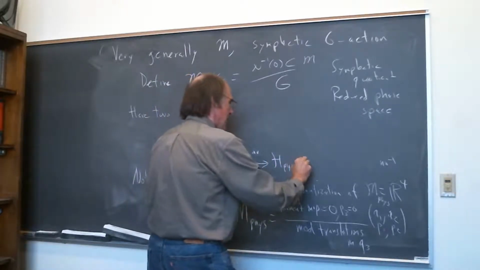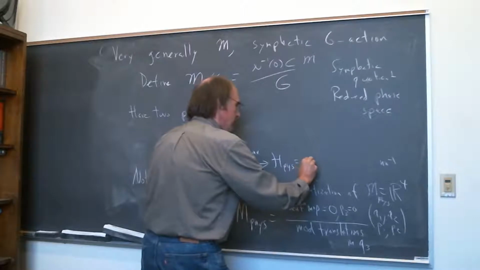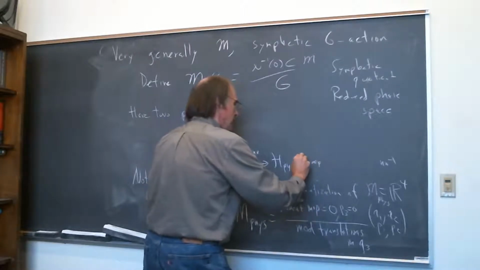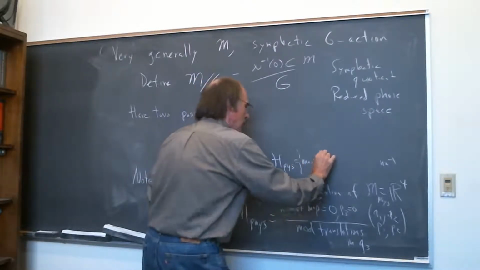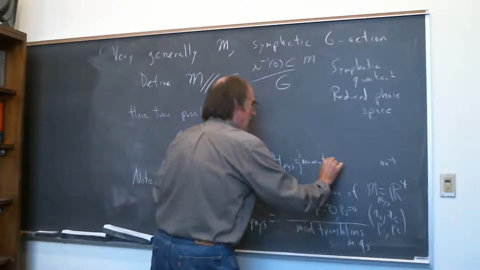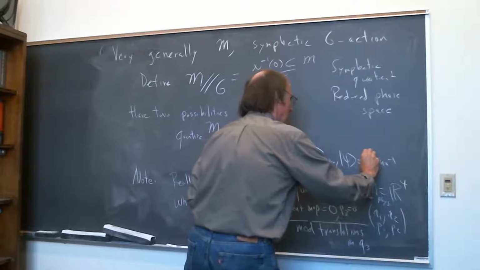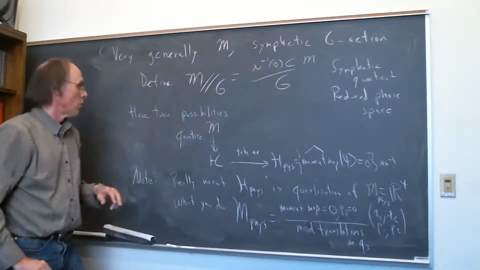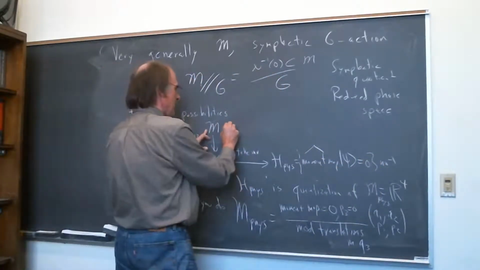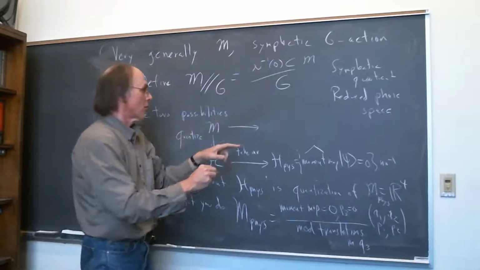So this is going to be the moment map. Operators acting on psi give you 0. Or you can take the so-called symplectic quotient.